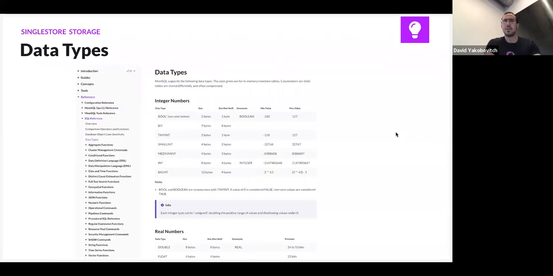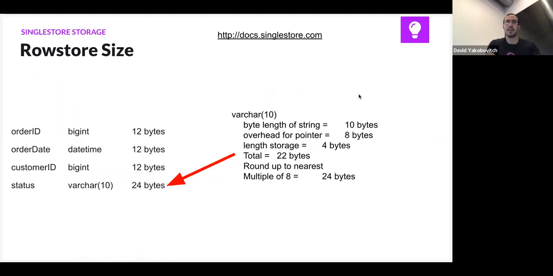So you can always go to the documentation at docs.singlestore.com. We have a section in the SQL reference known as data types. You can actually see, to the byte or kilobyte, how much data is required in each one. So you can get perfectly precise in planning for your capacity and your costs.